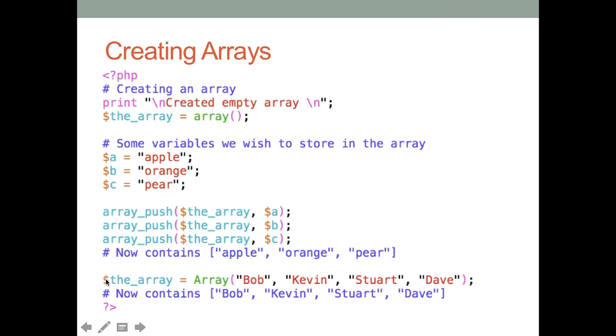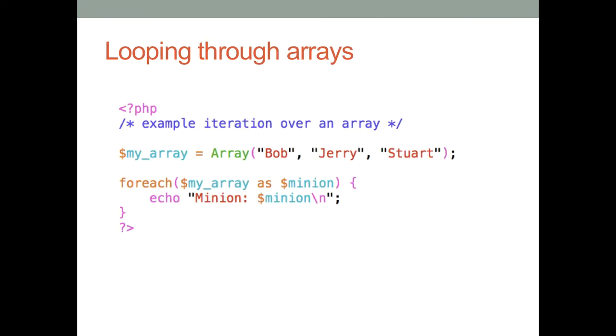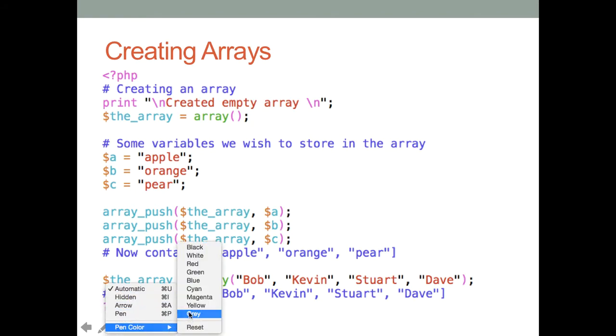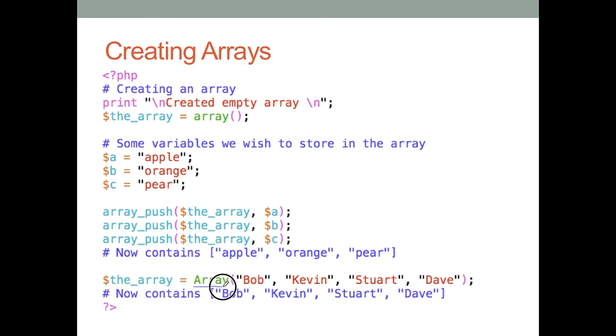So I've created an array. You'll notice it's got this same name, so this is going to have overwritten the previous array. You'll also notice that this one has an uppercase A, whereas the other one had a lowercase a.